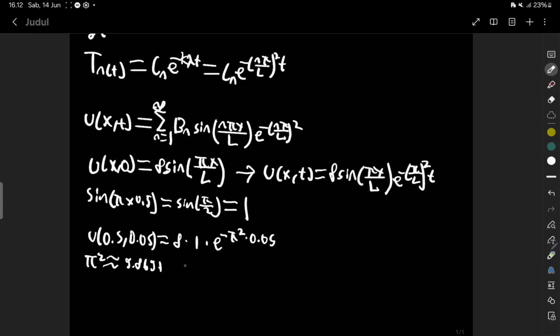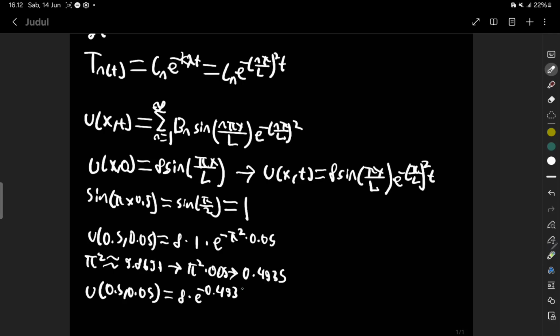and pi squared is 9.8696, and then times 0.05 that becomes around 0.4935, just about 0.4935. Thus u(0.5, 0.05) equals 8 times exponential of minus 0.4935.